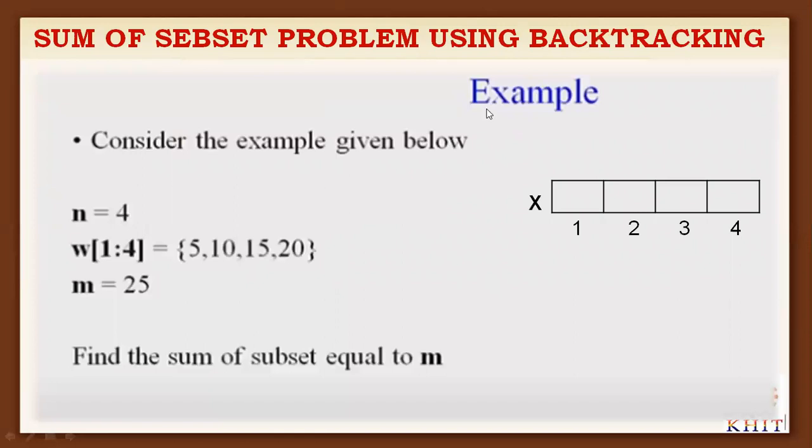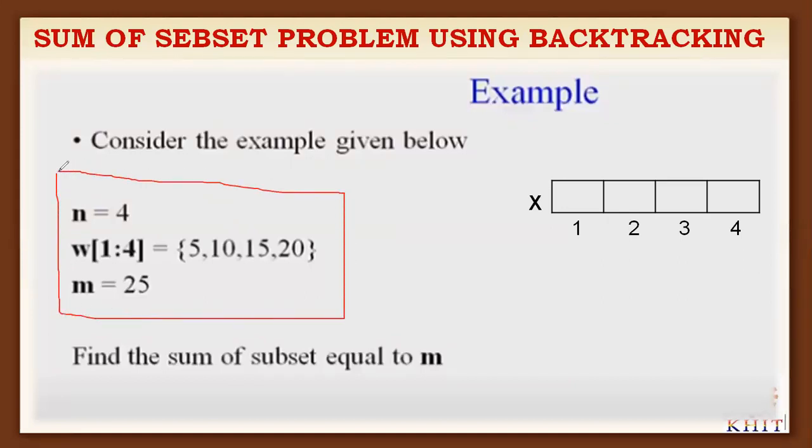Now let us move to an example. The given example can be solved by using the sum of subset problem. The total number of elements is n equal to 4. Initially you take a table of length 4: the first item, second item, third item, and fourth item.